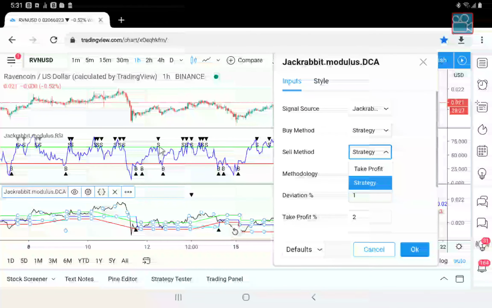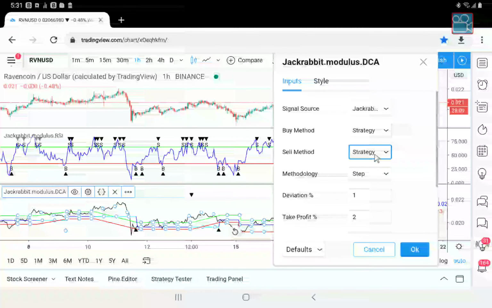So like this sell signal, not above the take profit line, not allowed. So it automatically filters out all of the signals that aren't allowed because they're not going to be profitable.